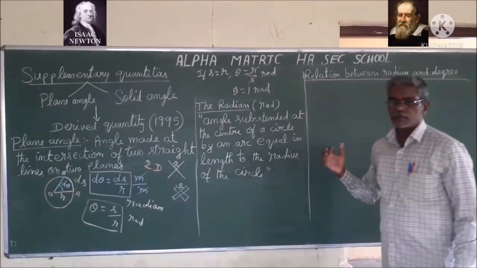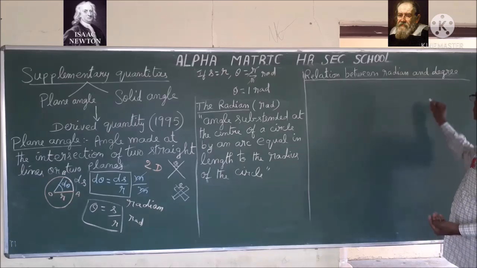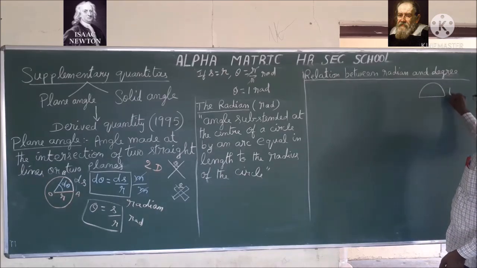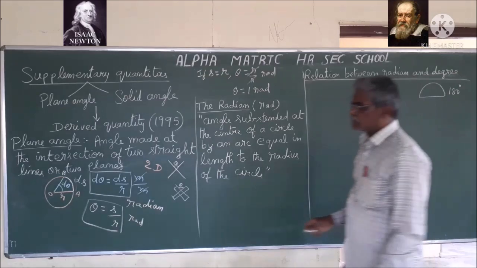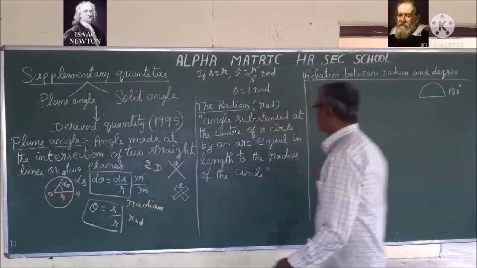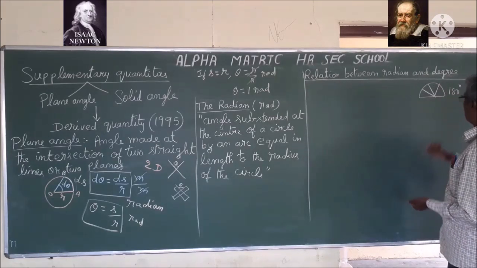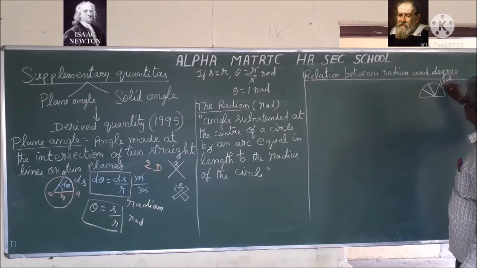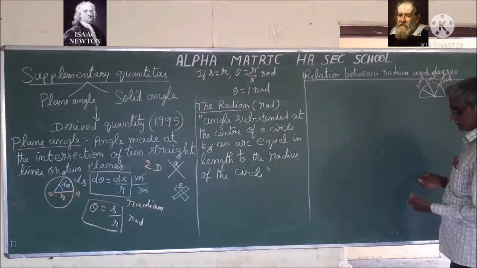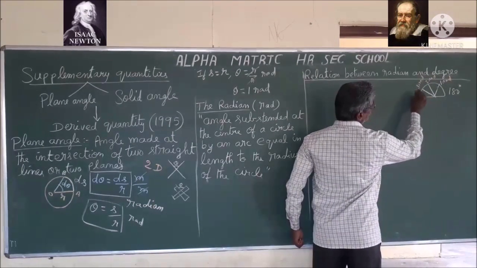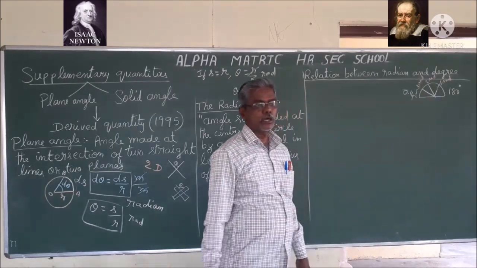Now we will see the relation between radian and degree. We know that if you take a hemisphere, the overall angle is 180 degree. Here this is one sector, this is one sector, and this is another sector. So this one is 1 radian, up to this 2 radian, this 3 radian, and then this gap will be equal to 0.14 radian.